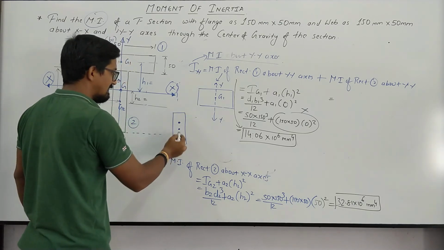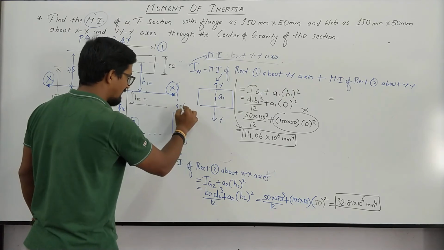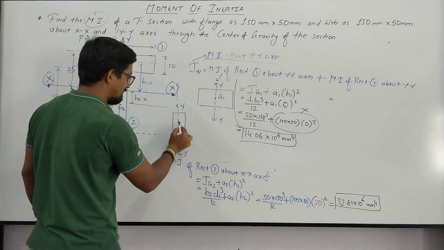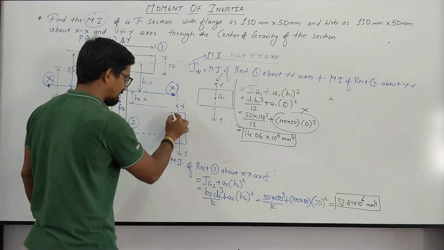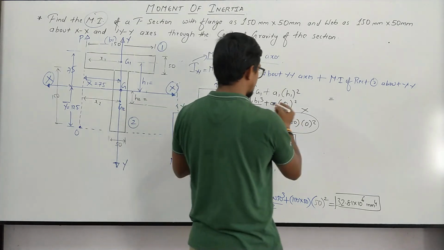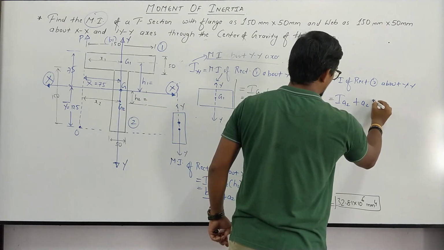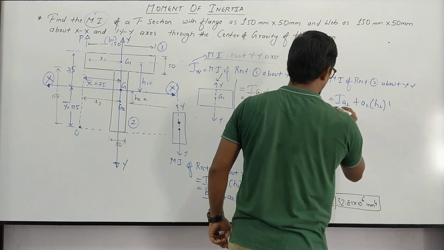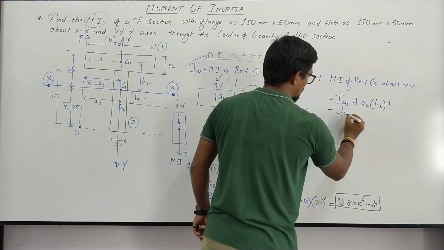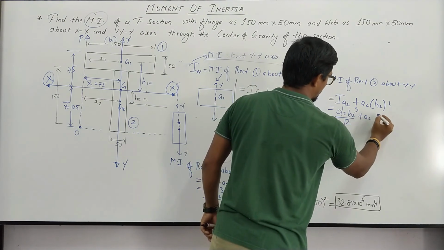So you can see that the CG y axis is coinciding with the y axis of this rectangle, correct? They are overlapping each other. So it will be the same, IG2 plus A2 h2 square. So it will be d2 b2 cube divided by 12 plus A2 h2 square.